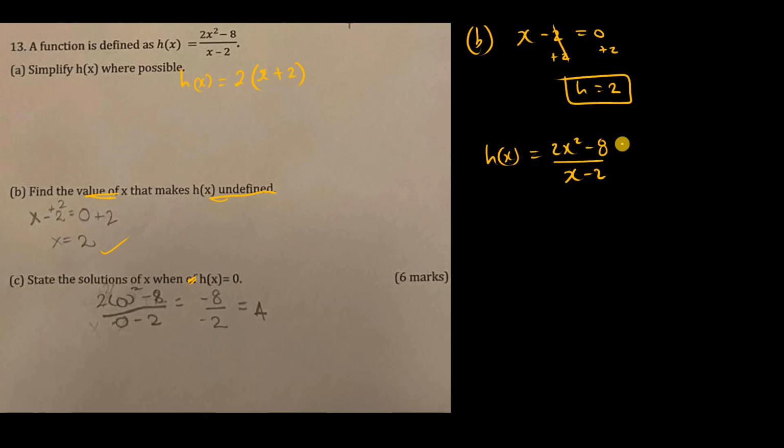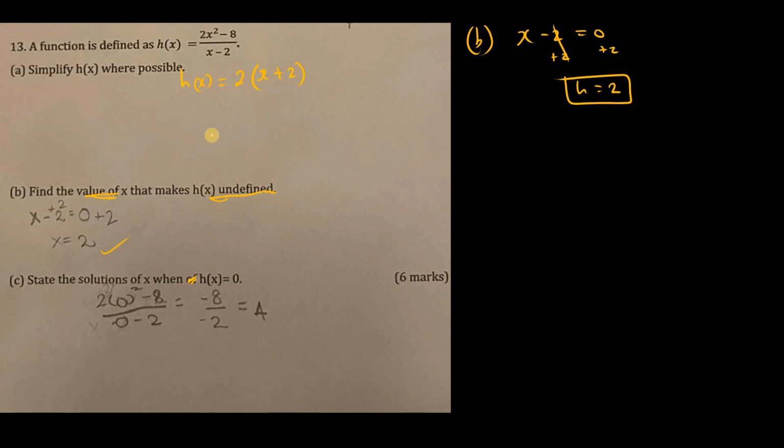Because if the numerator is equal to 0, then it doesn't matter what the denominator results in. Let's say it results in a value called a, 0 divided by a is 0, and then h of x will be equal to 0. So what we're trying to figure out is the value of x that will cause that.